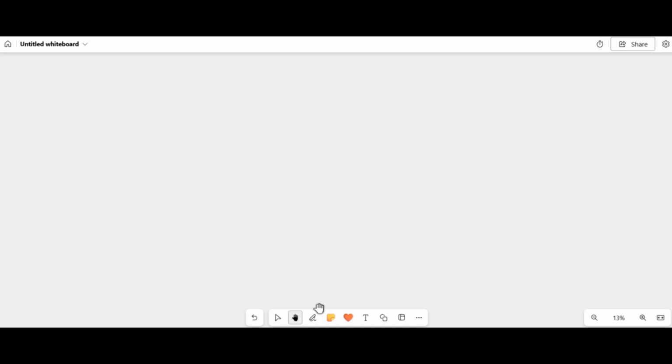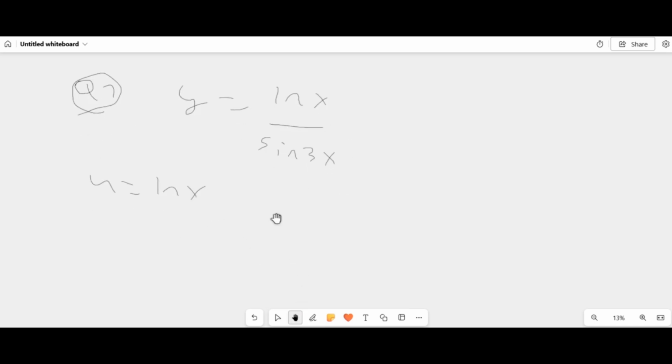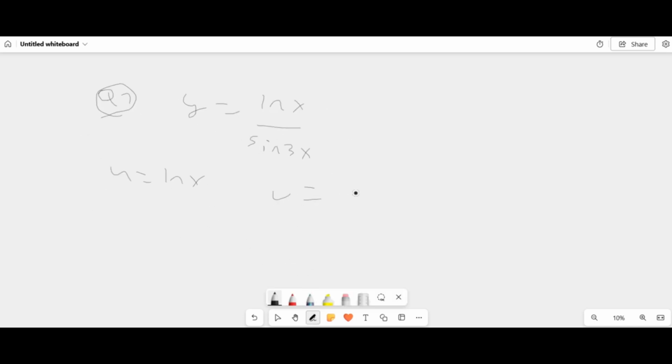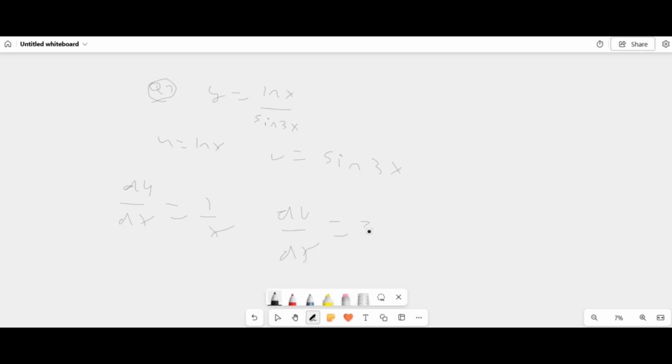Question 7. y is equal to ln x over sine 3x. Use the top here, so u is ln x, and v is going to be sine 3x. du over dx is going to be 1 over x. dv over dx is going to be, bring the 3 outside and change it to cos, so 3 cos 3x.